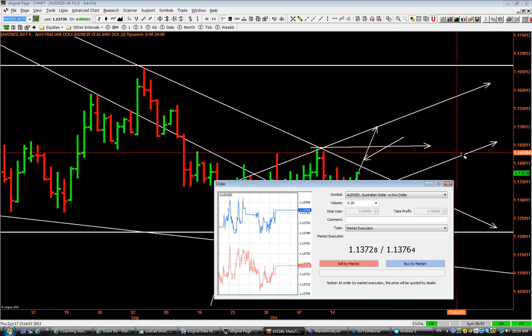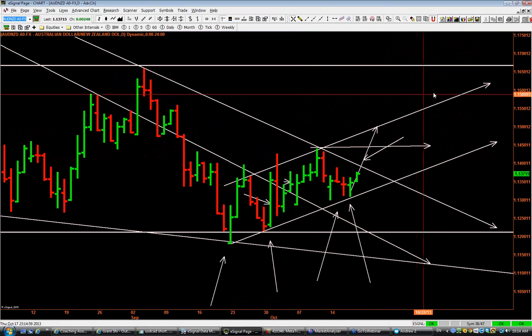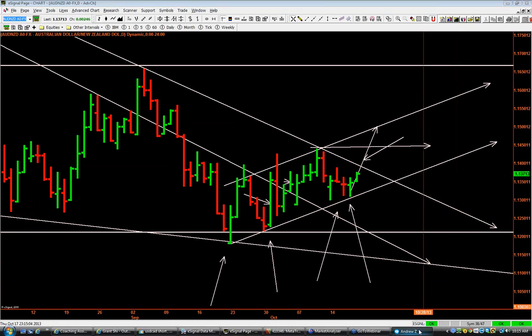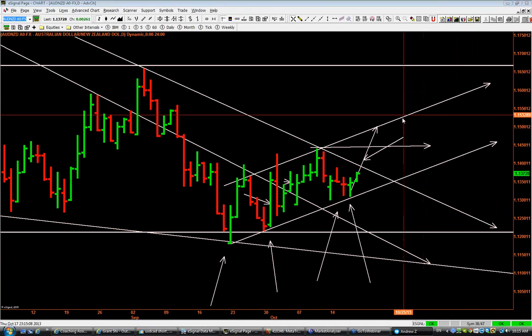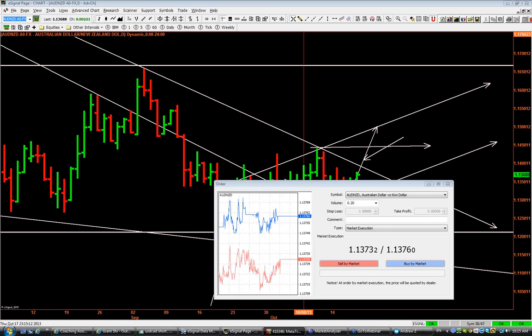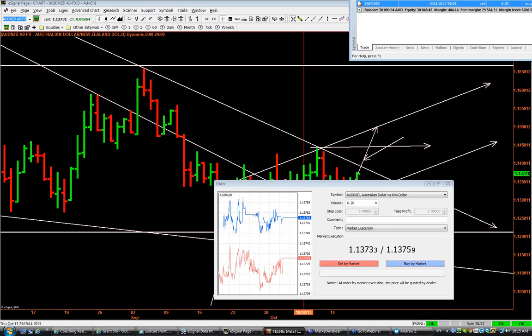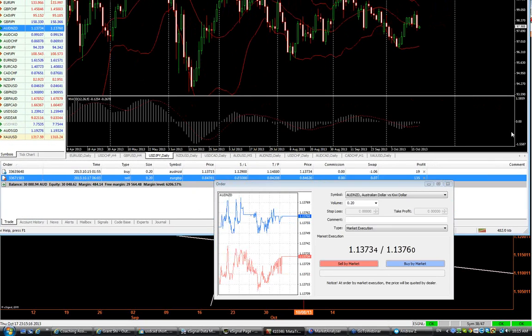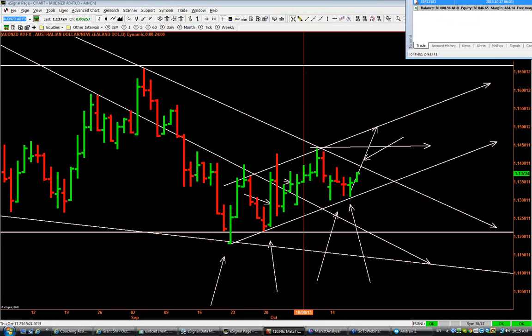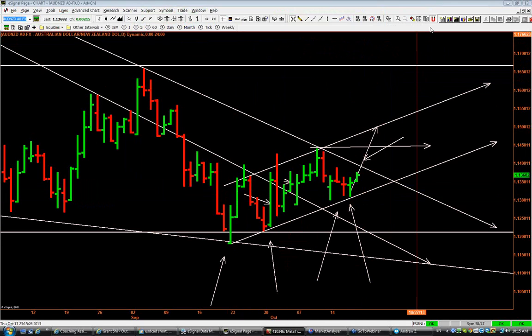So my stop loss just about 10 pips. So my stop loss is 1.1290. All right, so my stop is 1.1290, which I just show you on the e-signal.